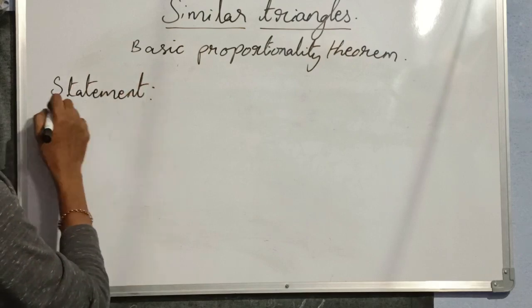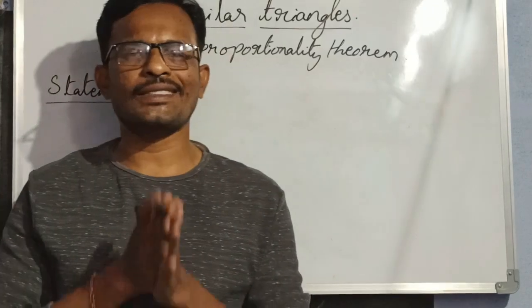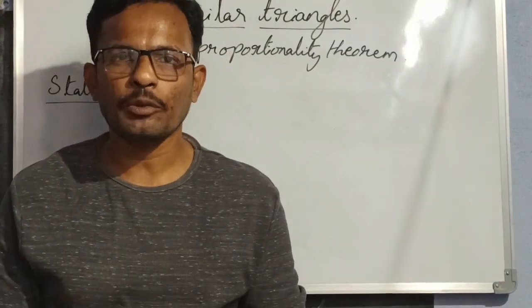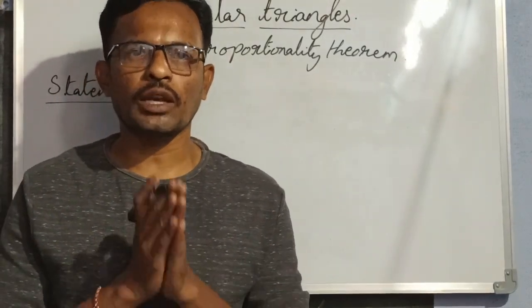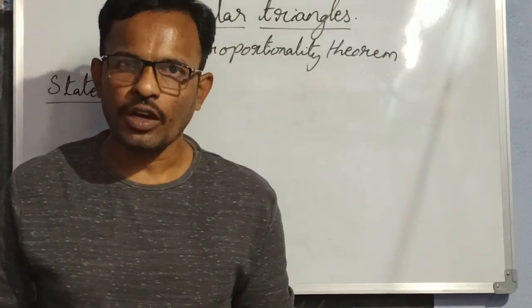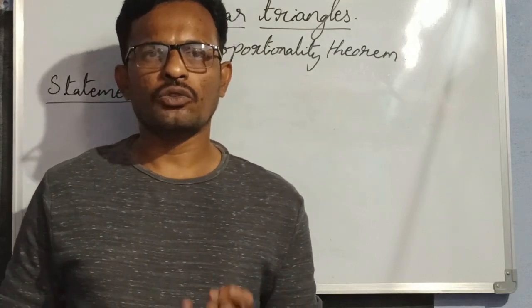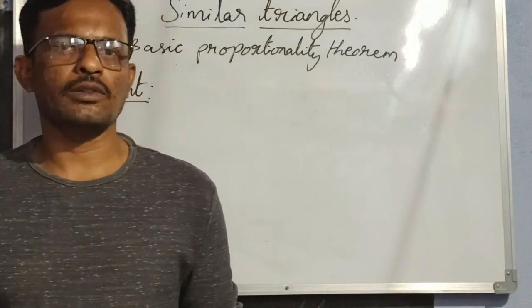So learning the statement, why? Because in 8 marks he will ask a question like this: state and prove basic proportionality theorem. If not, state and prove Thales theorem. Means there you have to write the statement and proof on our own. No statement will be given in the question. So we need to learn the statement also.